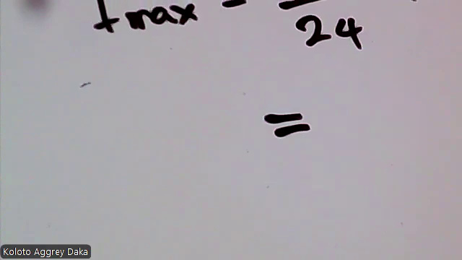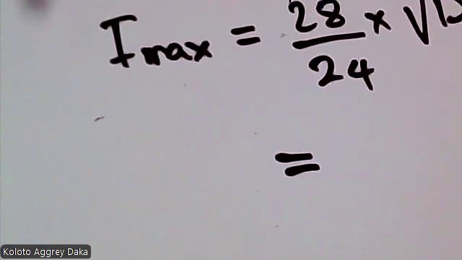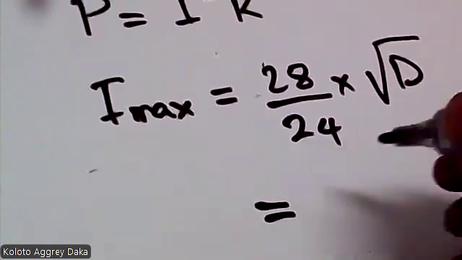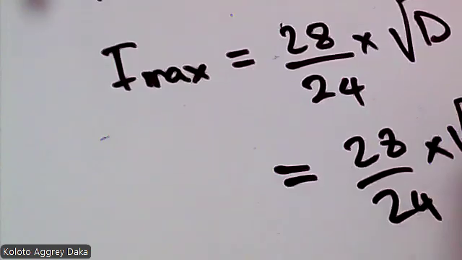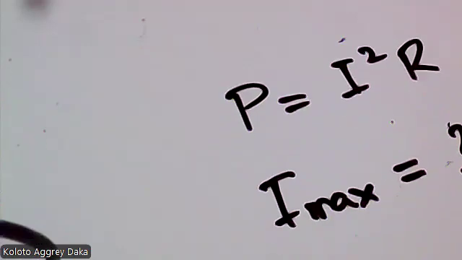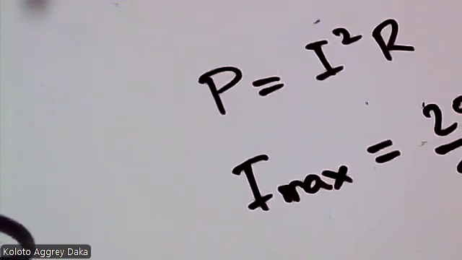We know where the 28 comes from and where the 24 comes from; that is Vs over R. So 28 over 24 times the root of 0.75 gives 1.010. Great, that's our current.